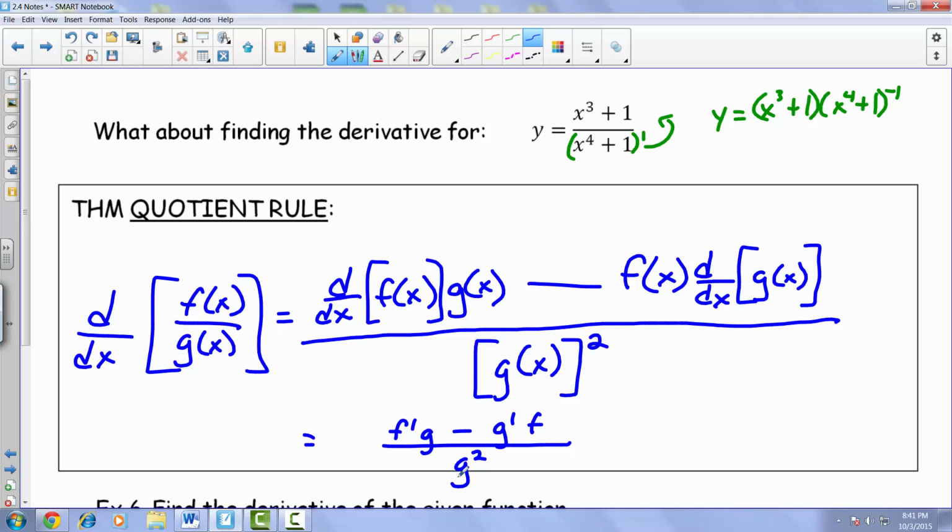So once more, it goes low d high minus high d low all over low low. And if that helps you out in remembering the quotient rule, by all means, feel free to use that.